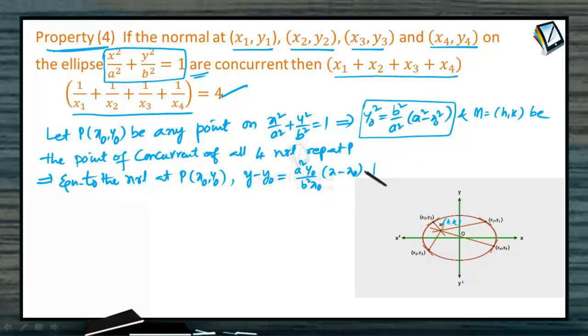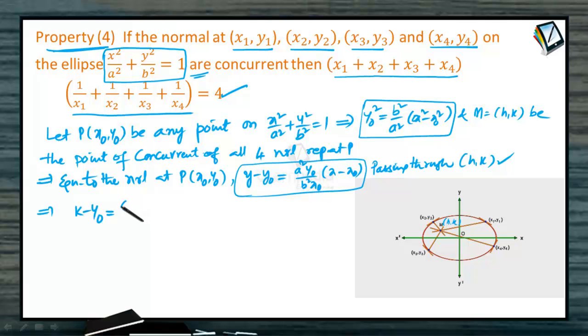This normal passes through (h, k), since they are concurrent. Therefore, k minus y naught equals a square y naught by b square x naught into (h minus x naught).